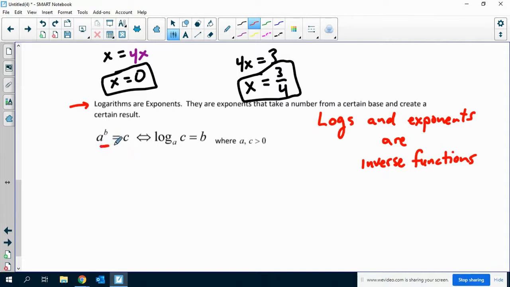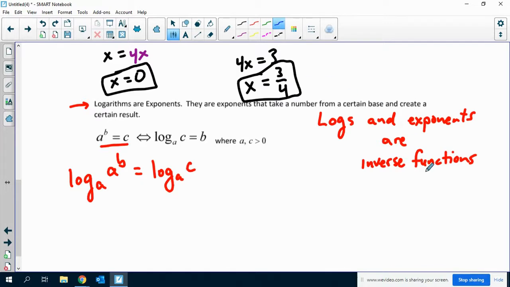A to the b equals c is the same thing as saying log base a of c equals b. So since they're inverse functions, basically what I can do is if I do a log base a of both sides, this ends up kind of looking like this.